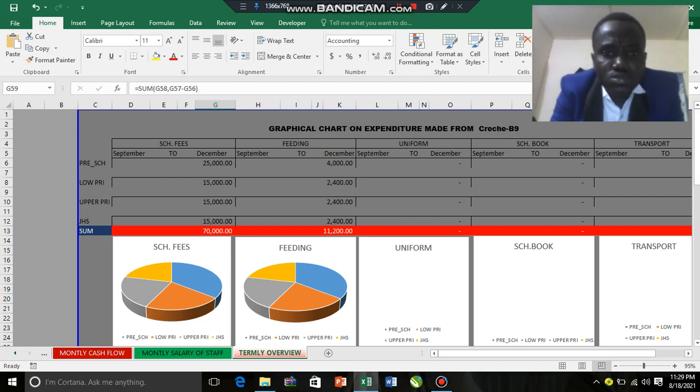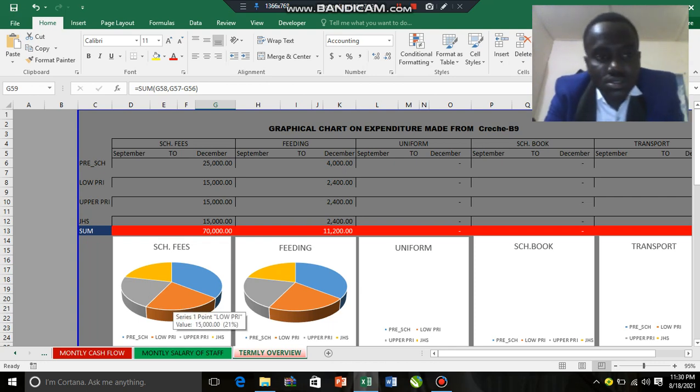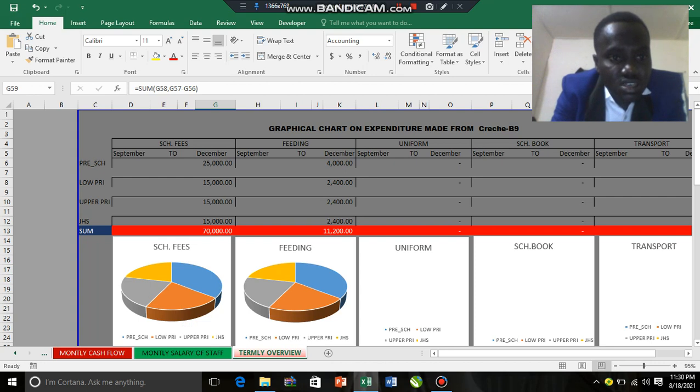You are able to see the expenditure made from crèche all the way to basic 9, right? How are you able to do that? By looking at this indicator over here. Preschool, lower primary, JHS, upper primary and so on.